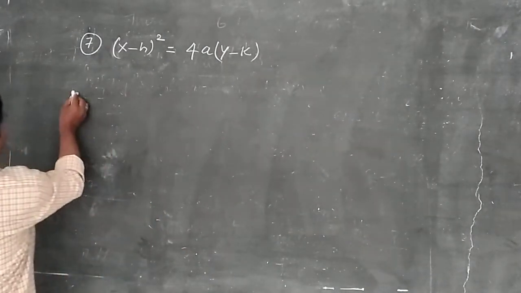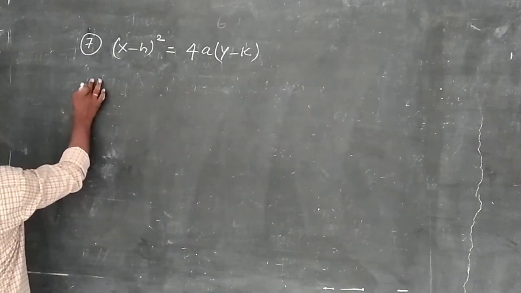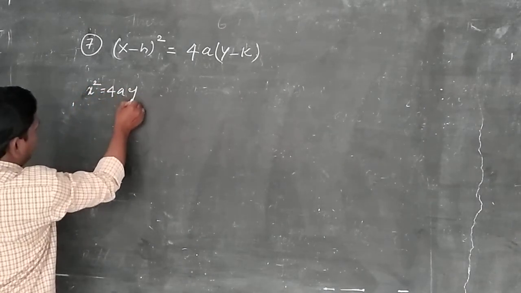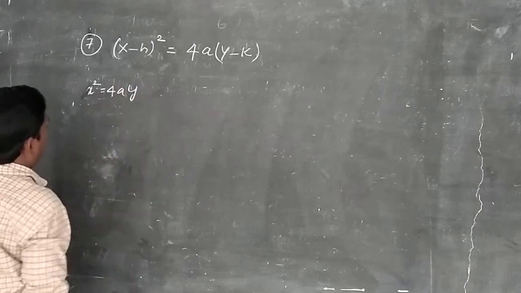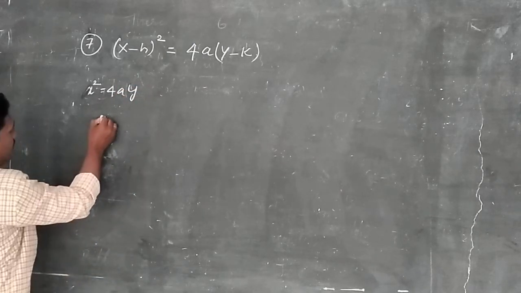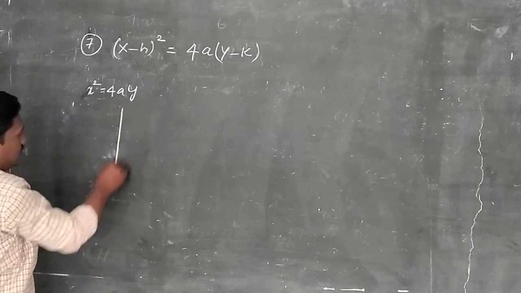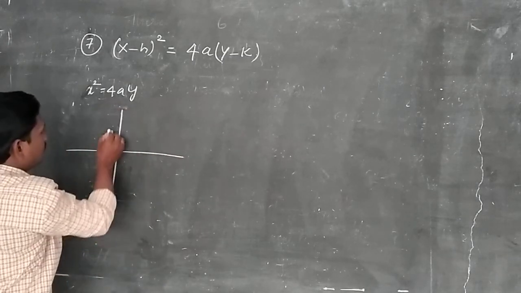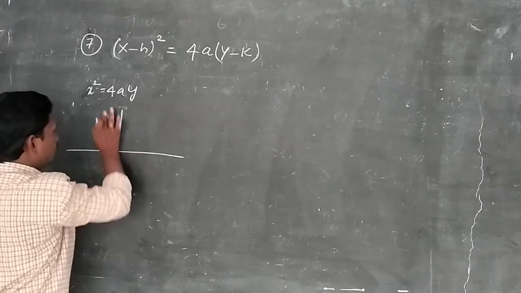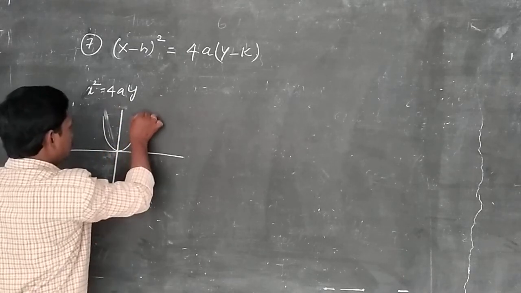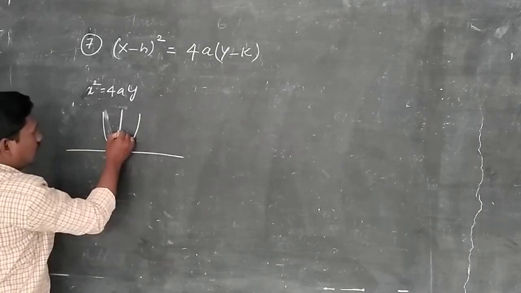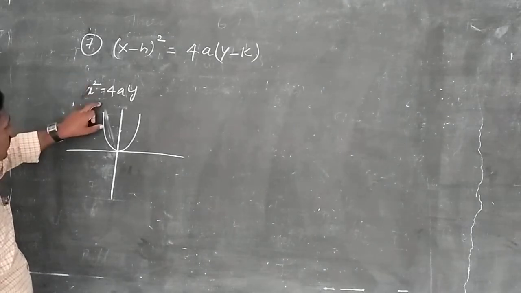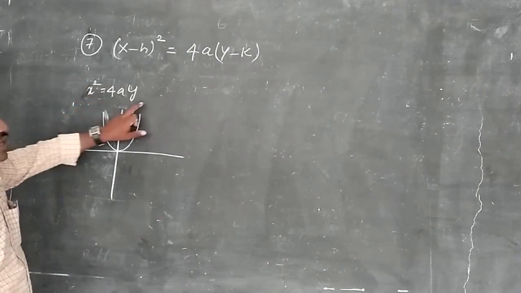Just compare, we know that x square equal to 4ay is one of the parabolas. So just observe now and discuss the shape of x square equal to 4ay.